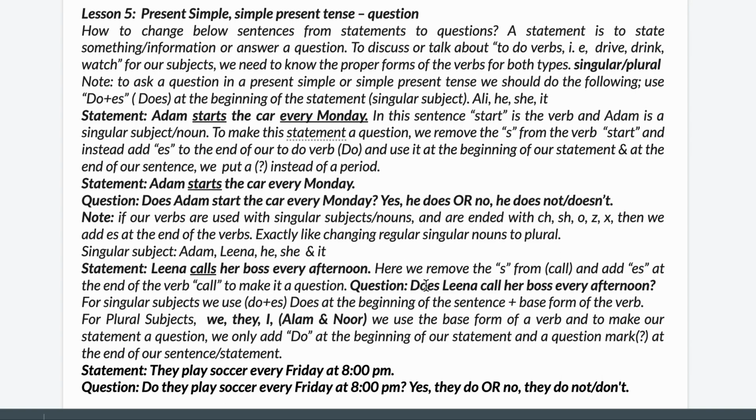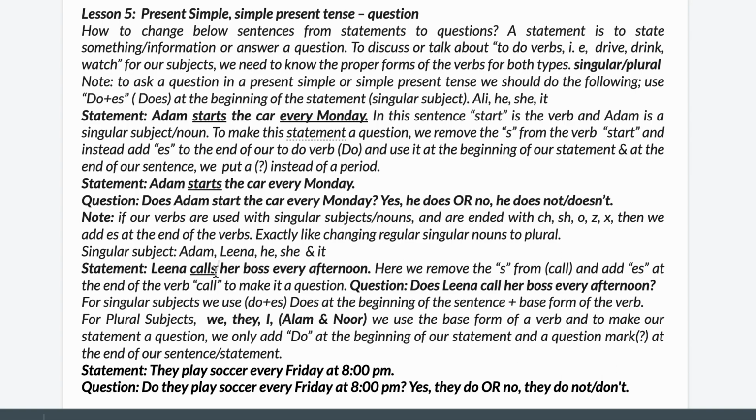For a singular person, we use does and the first form of the verb, and for plural subjects, we use do. So let's do it. Does Lena call? If you look here, we say calls, but this s is gone.